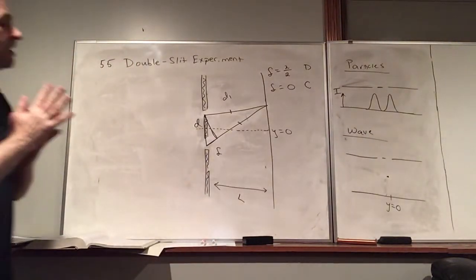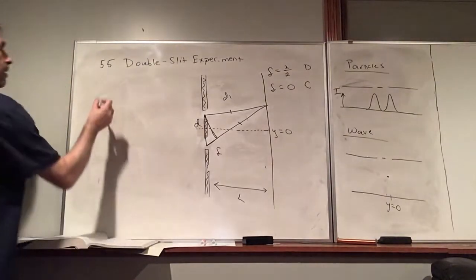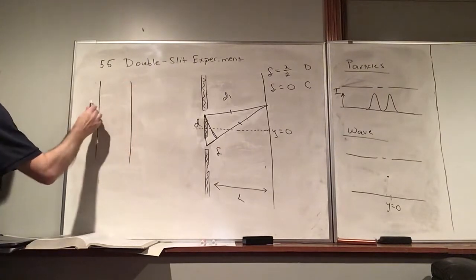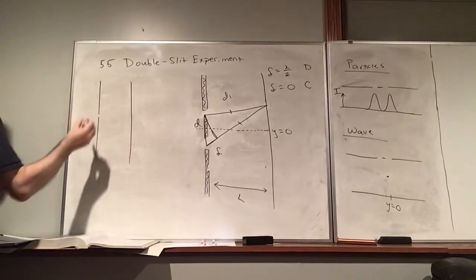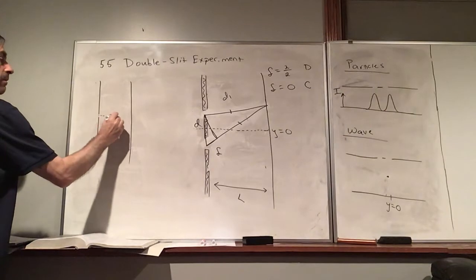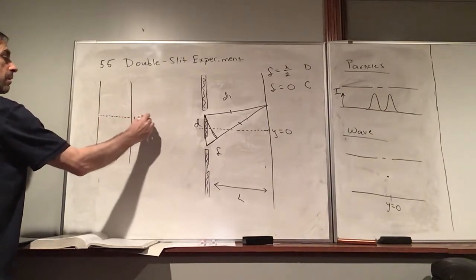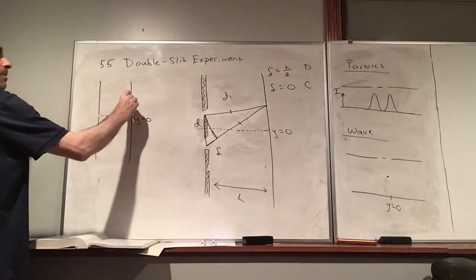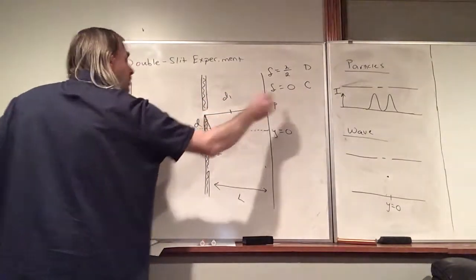Okay, now remember I mentioned I exaggerated the geometry here. Let's say that this is our barrier and this is our screen, and the two slits are very close together. And let's say this is our point P, which is here.